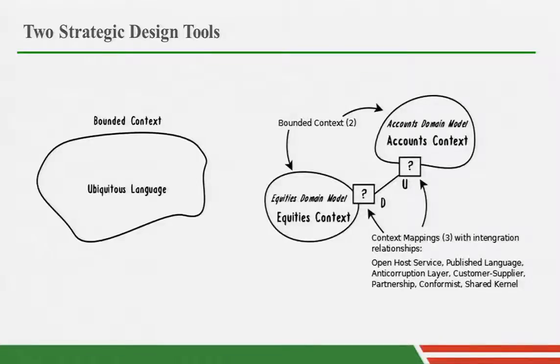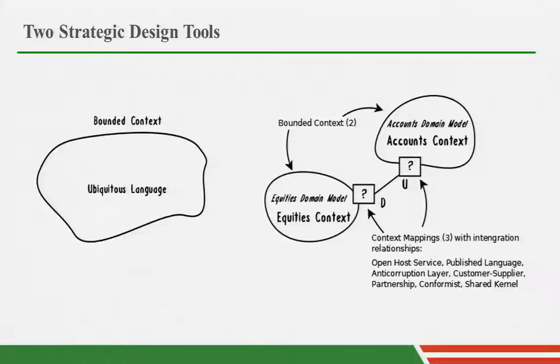And with context maps, what we can do is shelter the brown. So like the accounts context up here is in an accounts domain model, but let's say that that's legacy, and accounts have been around for ages, for decades. But how do we interact with that to develop this new equity trading context that's on the bottom?